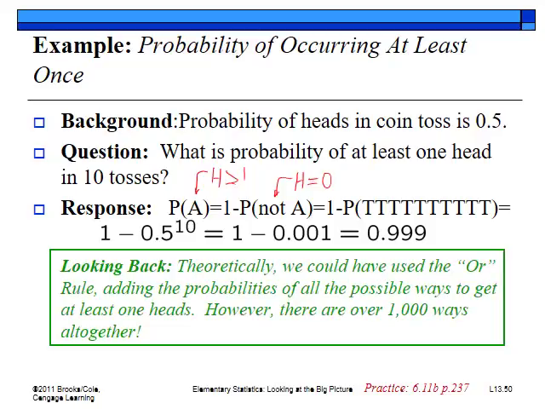Now, certainly we could have used the OR rule because we can also interpret at least 1 as 1 or 2 or 3 or 4 or 5 or 6 or 7 or 8 or 9 or 10. And then if we consider all the different possible ways to get even just 2 heads, it could be the first 2, or the first and the third, or the first and the fourth, or the first and the fifth.